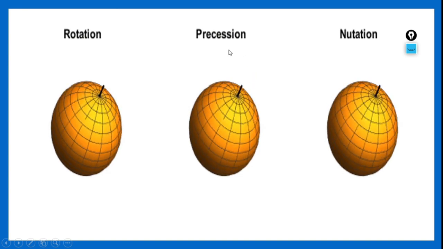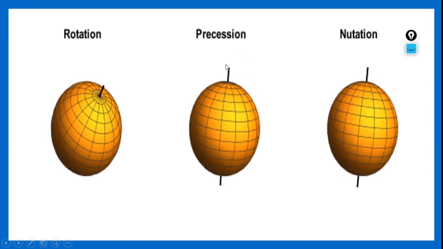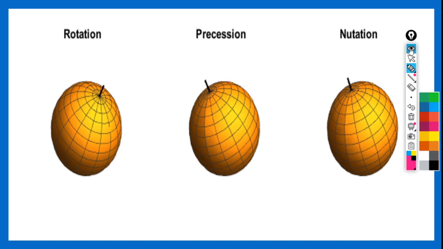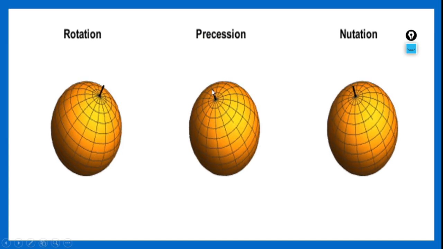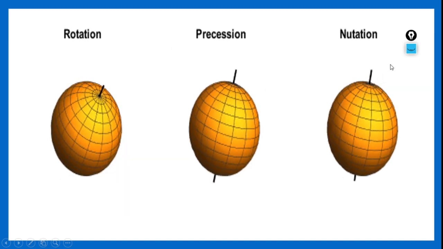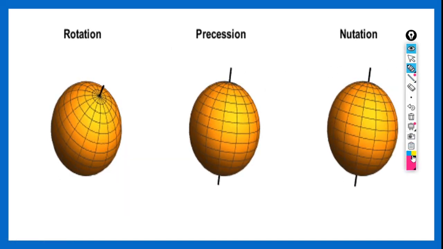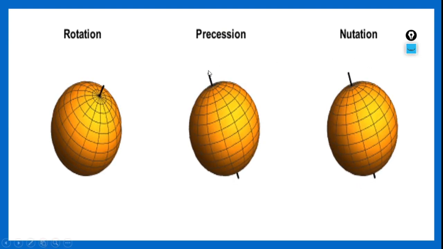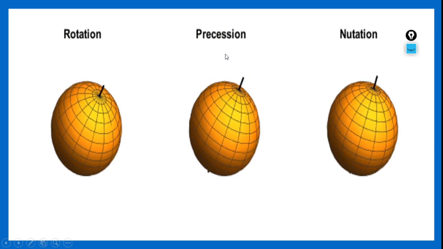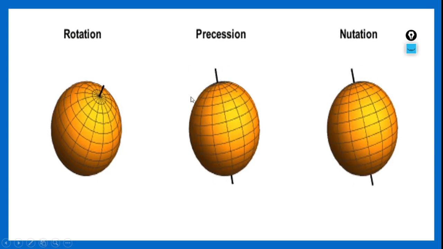See, if you observe this point, if you follow this, this point is making a circular path. So while it is moving, it is making a circular path.